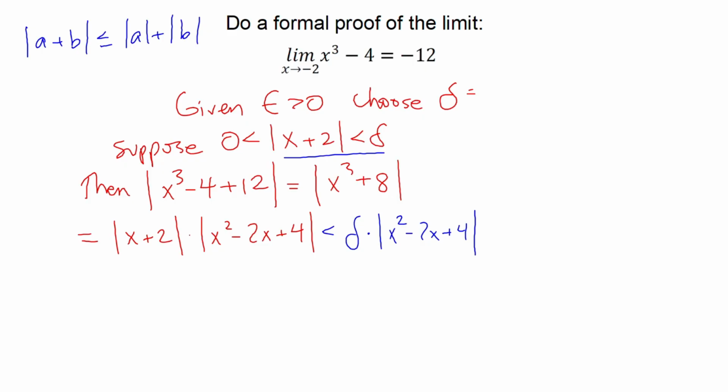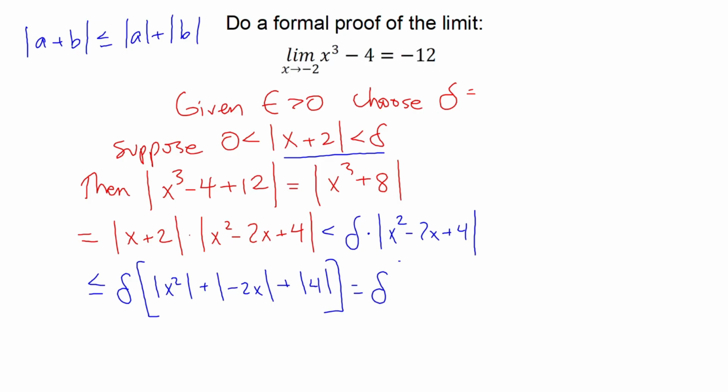I did a little proof of it in class, just tested all the different cases. So I could say that what I've got there is less than or equal to delta times the absolute value of x squared plus the absolute value of negative 2x, right? Because plus a negative 2x is the same as minus a 2x. And then plus the absolute value of 4, which a lot of that can just be simplified down, right?